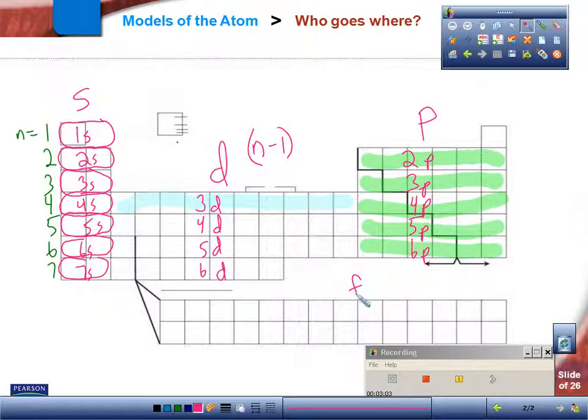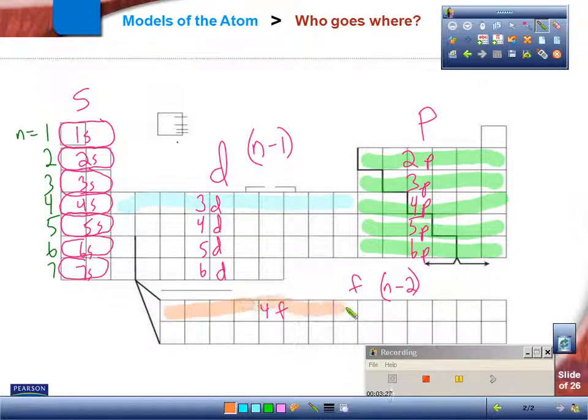Likewise with my F block, the rule is I'm going to take my level number and subtract 2. So here, I'm in the 6th level, so N is 6, so 6 minus 2 is 4. So this is the 4F block, our 4F sublevel.